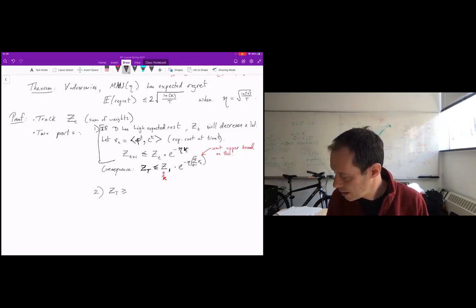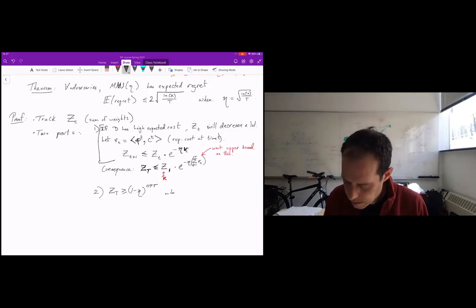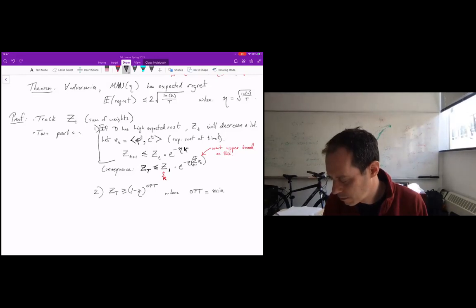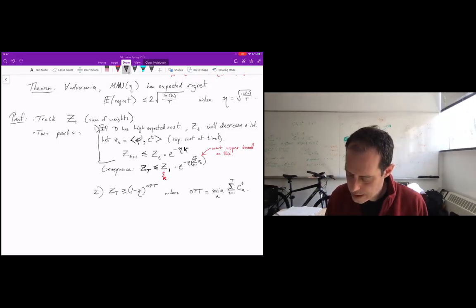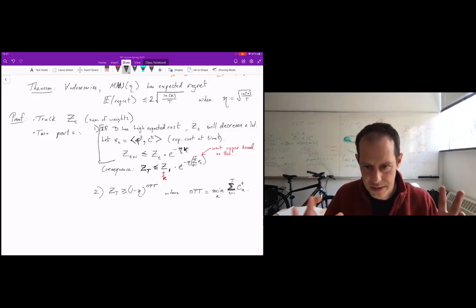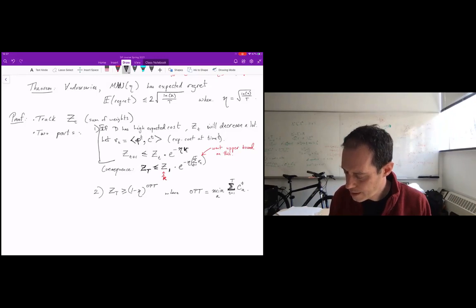We say Z_T is at least 1 minus eta times opt, where opt is the minimum over actions of the cost of the best action in hindsight, summed from 1 to T. Here opt is not the best average cost; it's the best total cost, and we'll have to divide by T to get everything to work out the way we want.